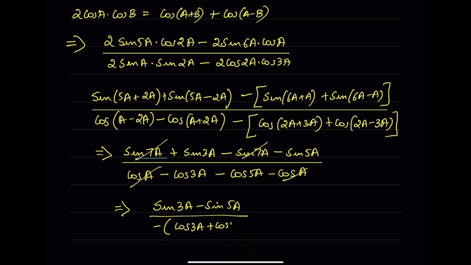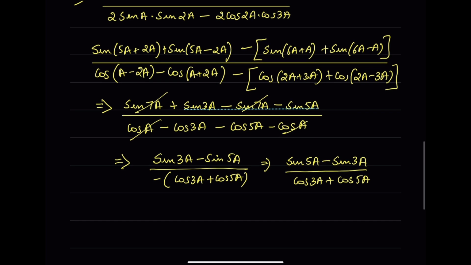plus cos 5a. So this can be again rewritten as sin 5a minus sin 3a, just to solve for the negative sign, divided by cos 3a plus cos of 5a. Now this is of the format sin c minus sin d, correct?